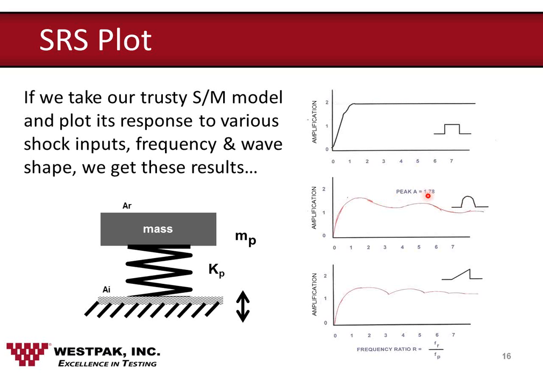Again, these are for theoretical systems. And then for a sawtooth pulse, in this particular case a terminal peak sawtooth pulse, we see a similar relationship, except that the peak response reaches a value of 1.5 times the input. These are all assumed to have the same duration input pulse.